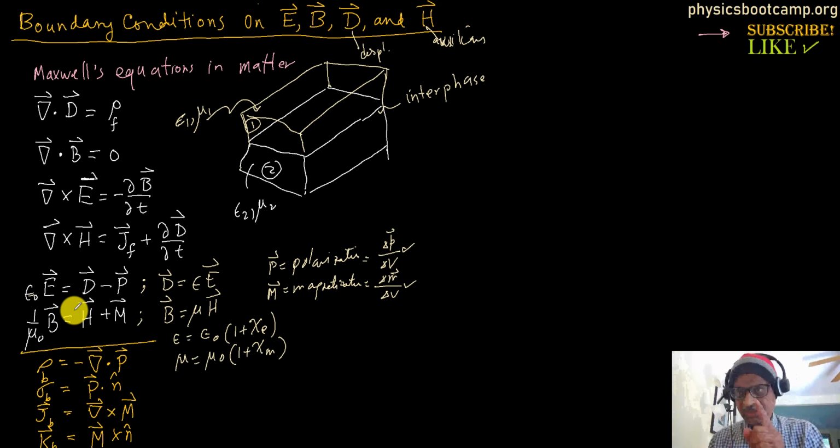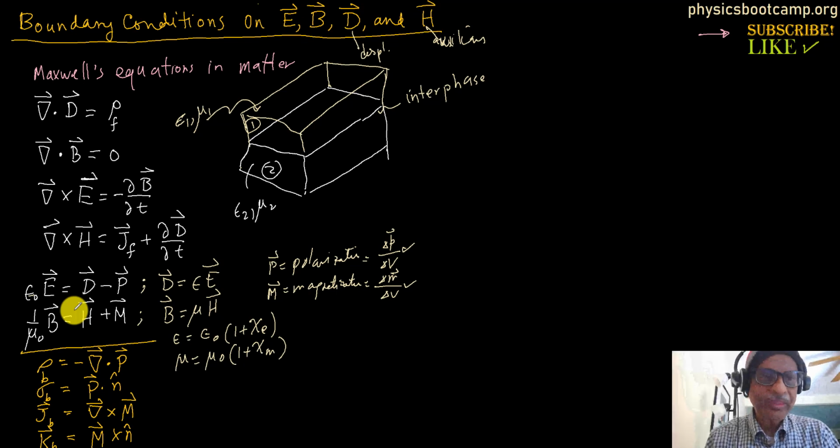For instance, H can be in one direction and B in the opposite direction inside a magnet. If M is large enough, then M will overcome the B and it will be opposite. So H will be one way and B will be another way.